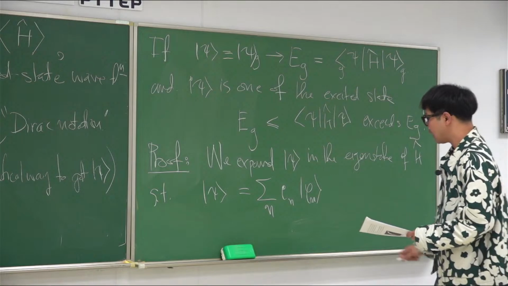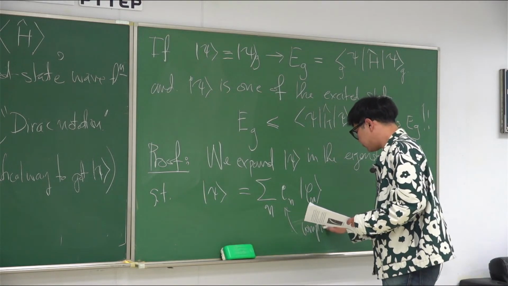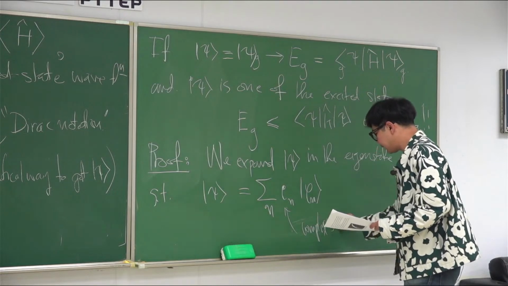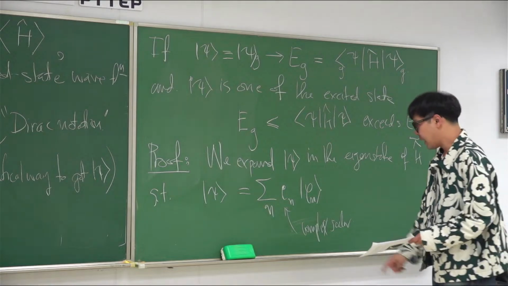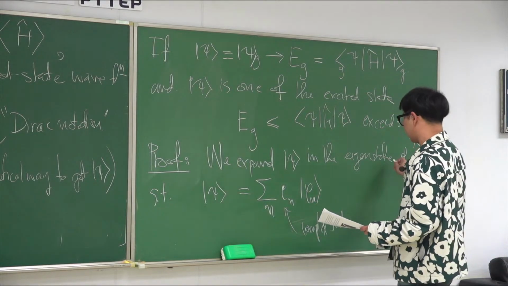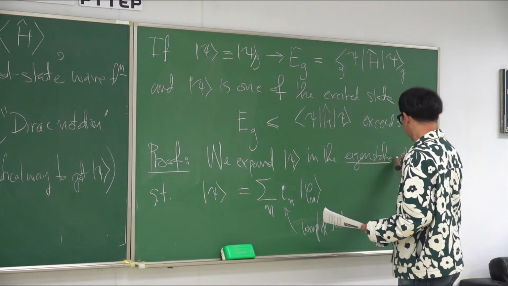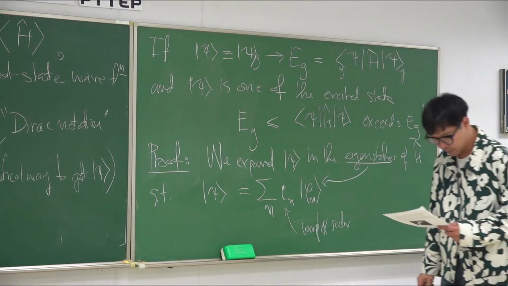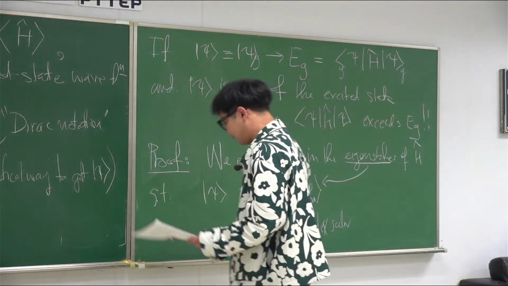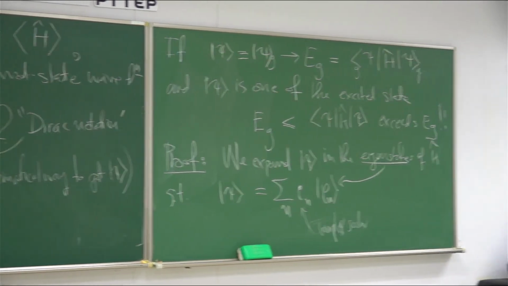So C is a complex scalar, okay? And this is all eigenstate, right? And this is all eigenstate of the Hamiltonian.